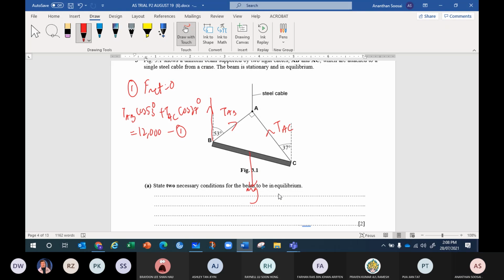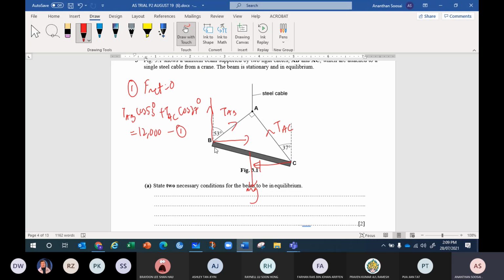Then for the next, what can you do? With net force you can get two equations, if you realize or not. You can go for moment if you want, but moment is a little tricky. You can go horizontally, the force also balances horizontally. TAB exerts force to the left, TAC exerts force to the right.